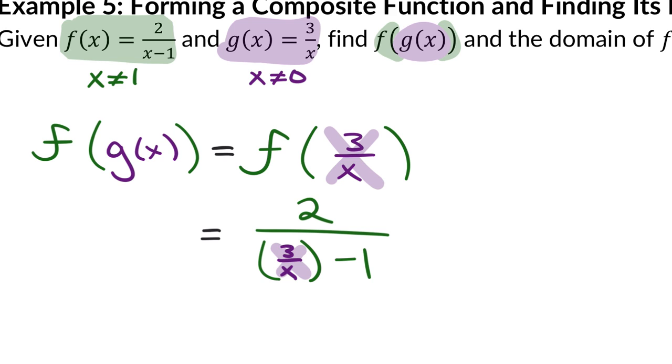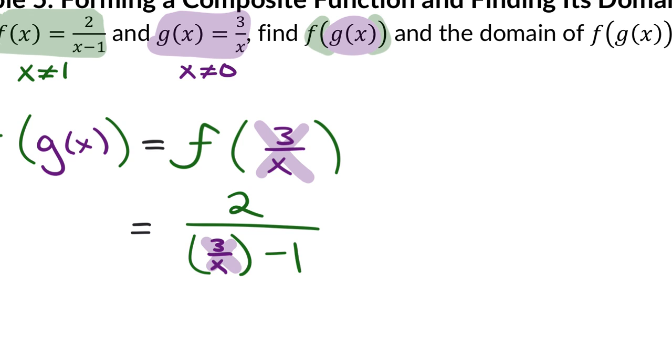The problem with this is that now we need to simplify this function, and we all panic when there's fractions. We're not going to panic. What we're going to do is multiply the top and the bottom by the denominator in the denominator. What's the denominator of the denominator? x. When I do that, my function becomes 2x on the top.